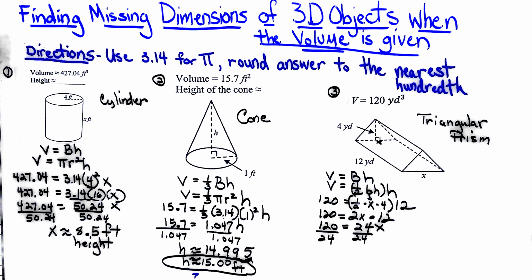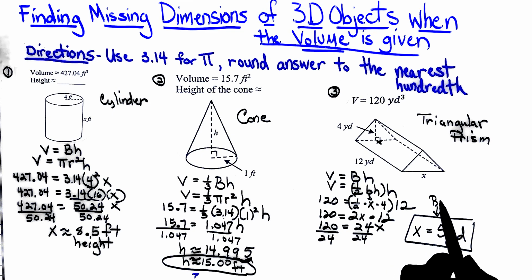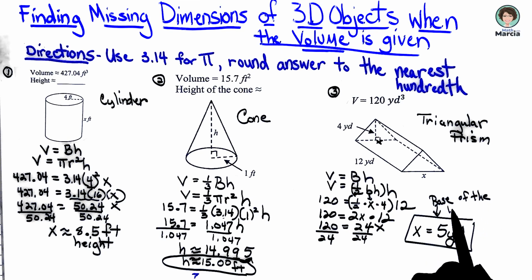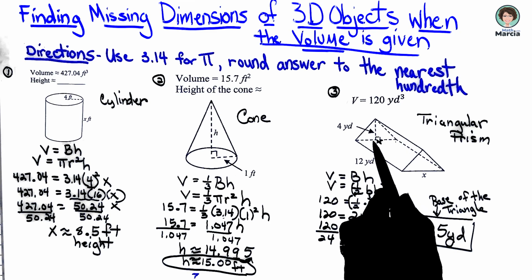And when we do that, we actually get a number that does not need to be rounded. Our x is equal to 5, and it's 5 yards. And that is the actual base. This answer is the base of the triangle right here.